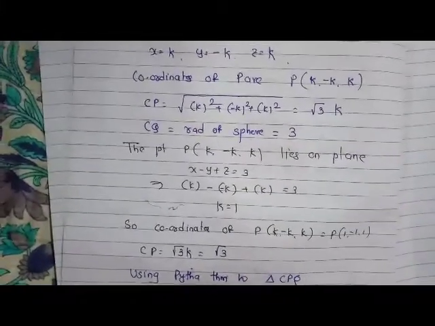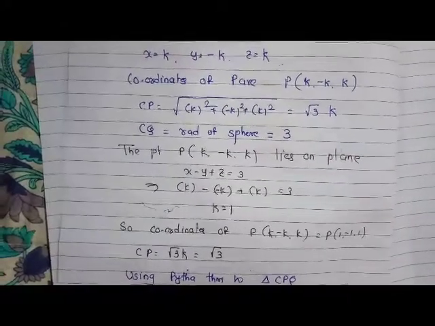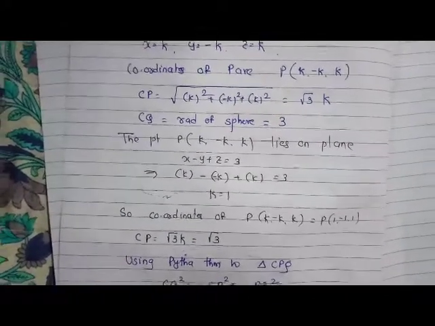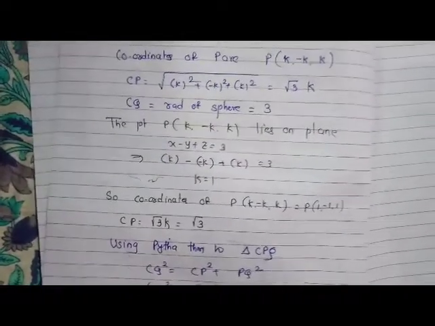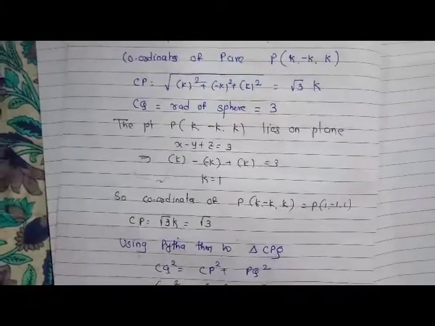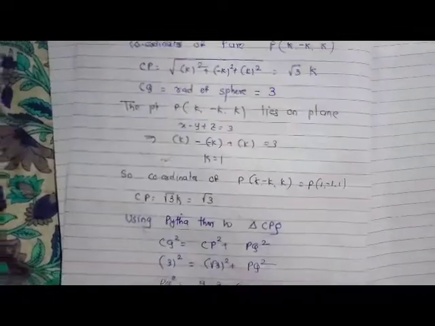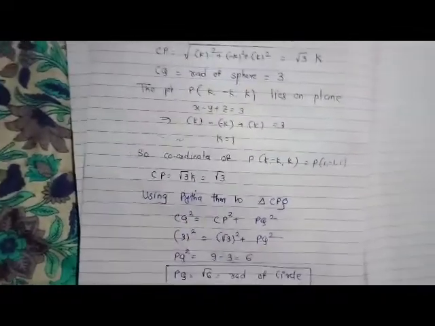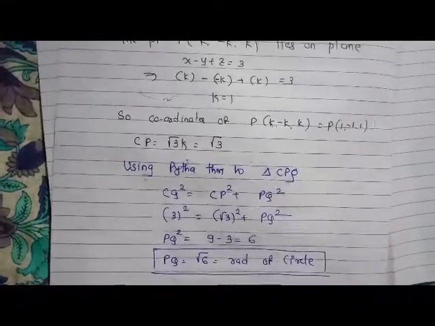So P (1, minus 1, 1) is the center of the circle. Now what is the radius of the circle? That is the distance CP, obtained above. CP equal to root of 3k squared, but k is equal to 1, so CP equal to root 3. So now we know the distance CP, as well as the center of the circle, at 1, minus 1, 1. Now using Pythagoras theorem for the triangle CPQ, CQ square equal to CP square plus PQ square.